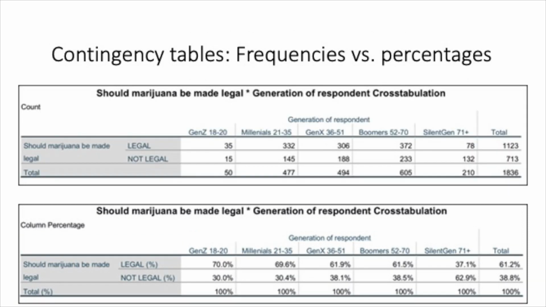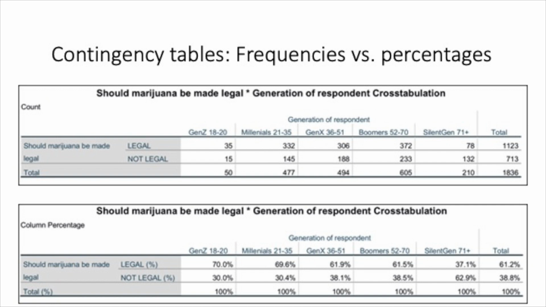I also want to show you an alternative way of displaying your contingency table. So the table at the top here is the same one that you saw in the previous slide. It has number of cases in each cell. The one on the bottom uses the same data, the same information, but here I had it calculate column percentages instead of number of cases in each cell.